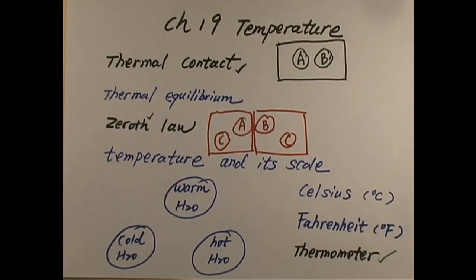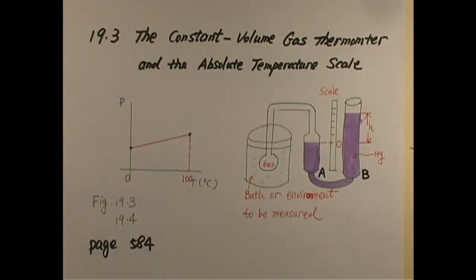So there are various kinds of thermometers, and let's take a look at a very common one first. We must measure temperature by using the property of a certain kind of material. For example, in the glass mercury thermometer, we use the thermal expansion property of the mercury.